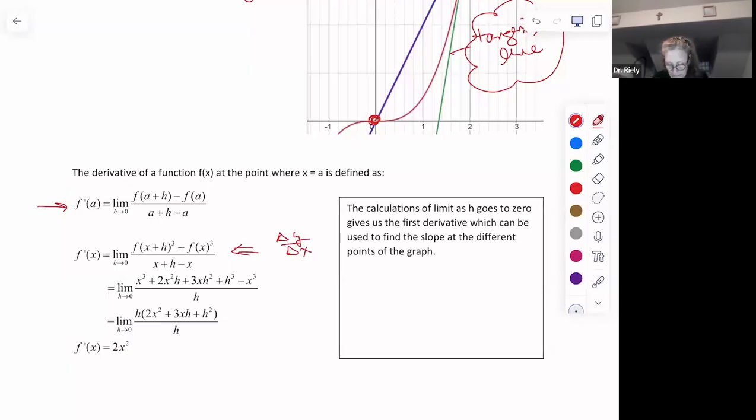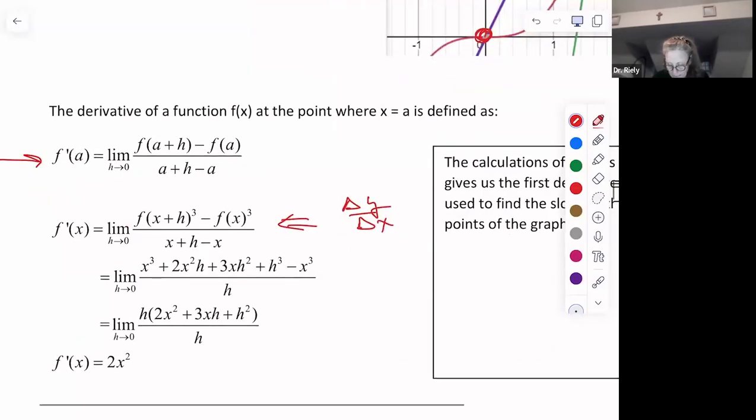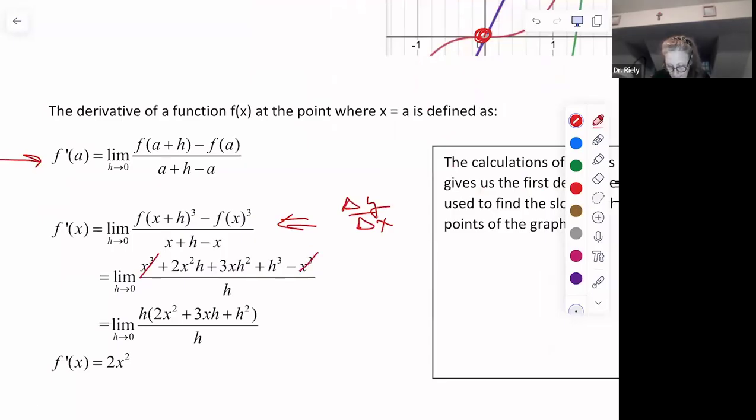So they are at this point, which is basically change in y over change in x. Then they expand, and once they expand, they said, oh, look what's happening. These cancel. The bottom line is any term that doesn't have an h attached to it will cancel. If that doesn't happen, go back and figure out what's happening, because you shouldn't have any terms left that don't have an h attached. Then if you factor out the h and cancel, you can actually take the limit.